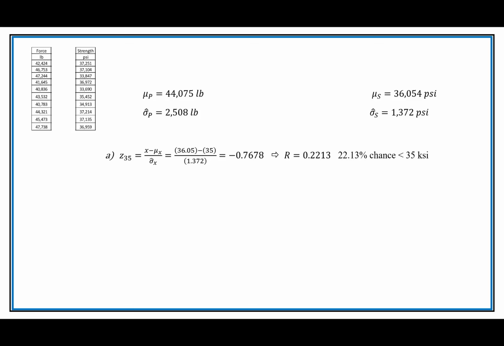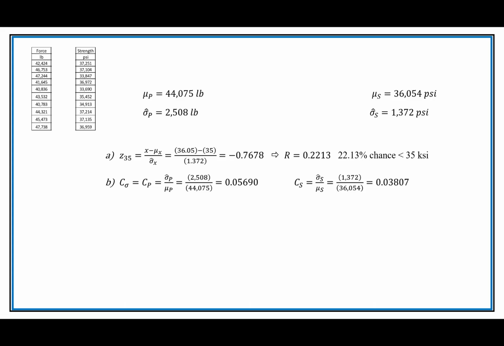Well, we end up finding a Z transform of 0.7678, which gets us an R out of the table of 22.13, so there's a 22.13% chance that it's going to be less than 35 KSI.